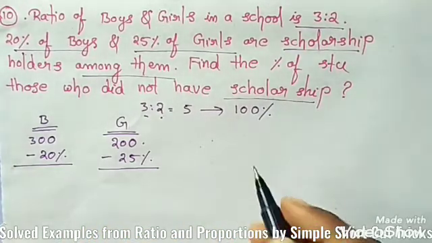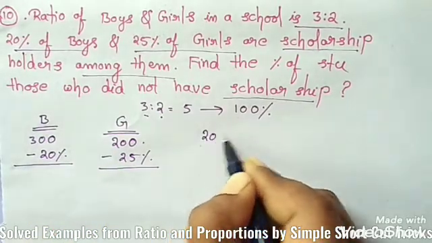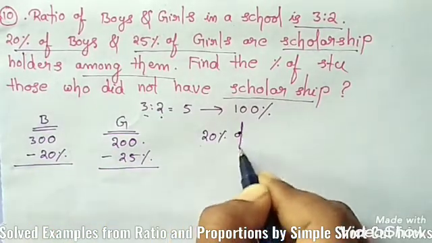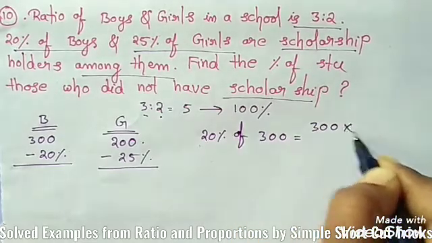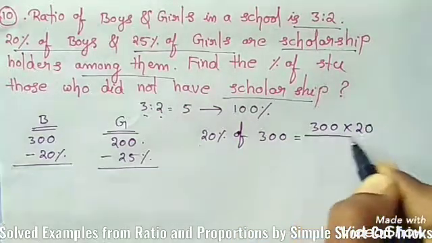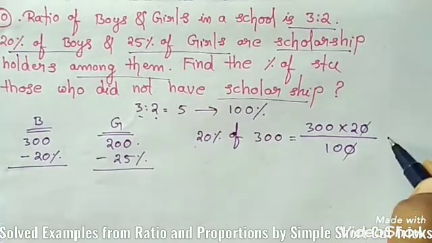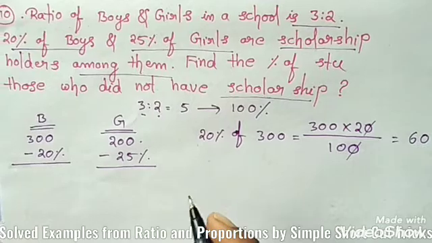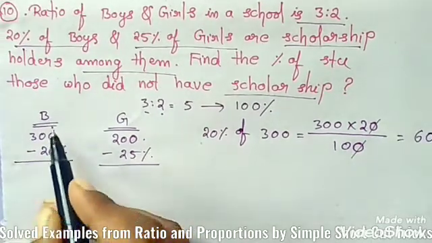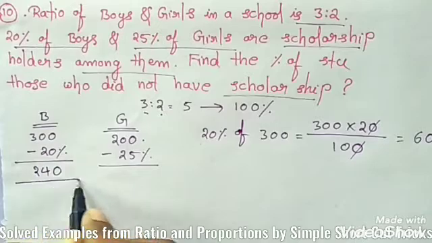Now 20% of 300 is 300 into 20 by 100. You will get the answer simply 60. So you subtract 60 from 300, and you get 240.